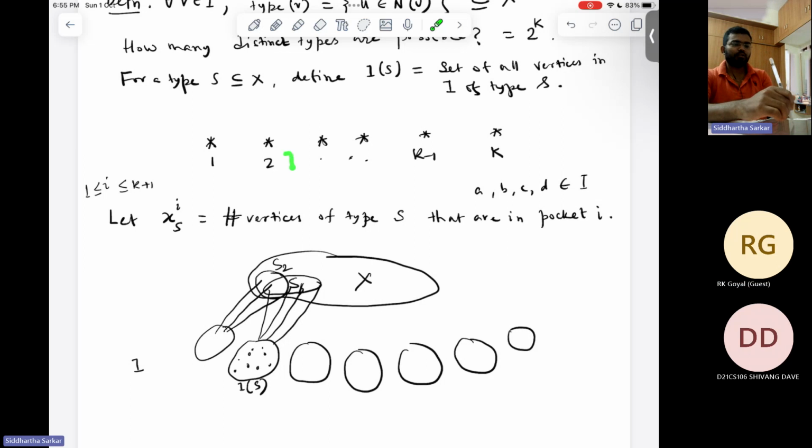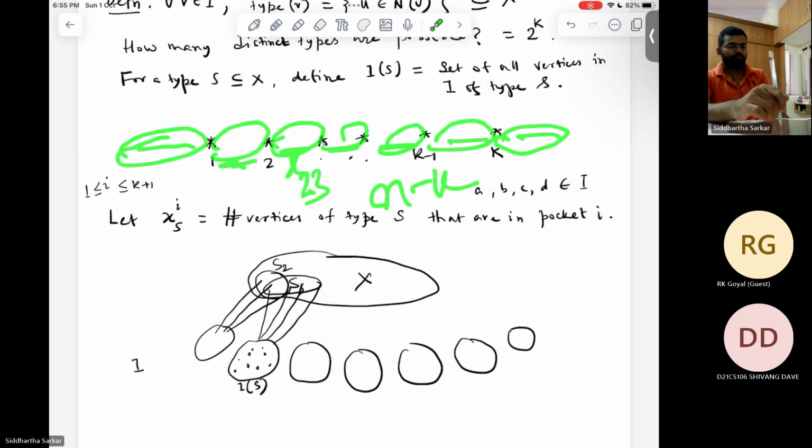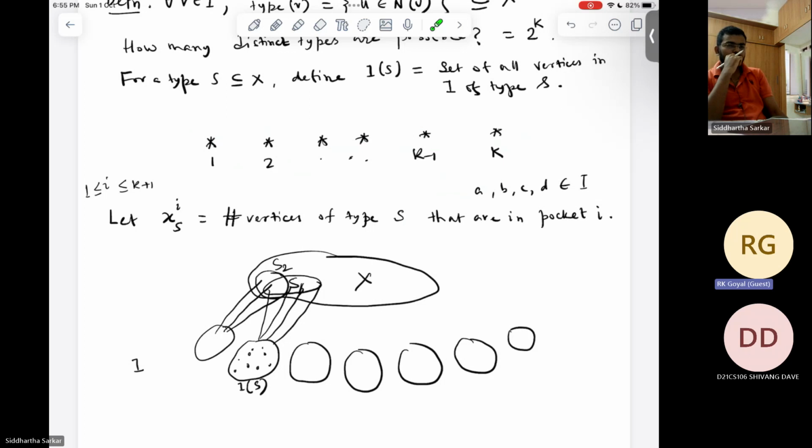That is some variable, let's call it x23. So the sum of the variables in pocket 1 plus pocket 2 and so on, in all these pockets, should sum up to n minus k. So n minus k objects are to be distributed into the k plus 1 boxes. So this will come out to be n minus k plus r minus 1 choose r minus 1.